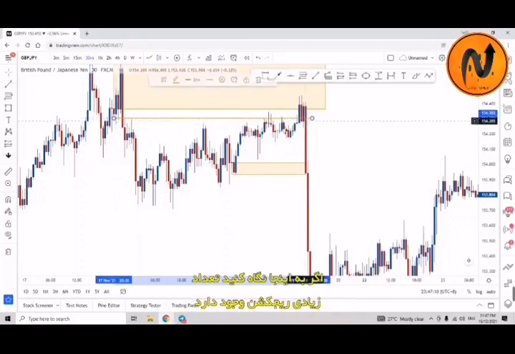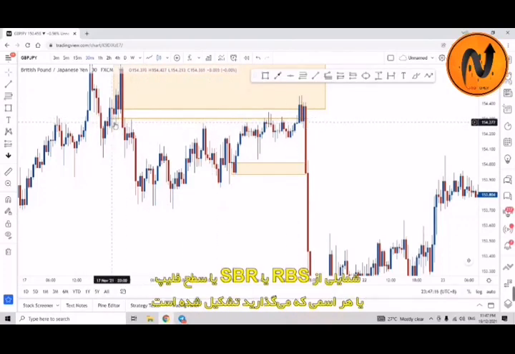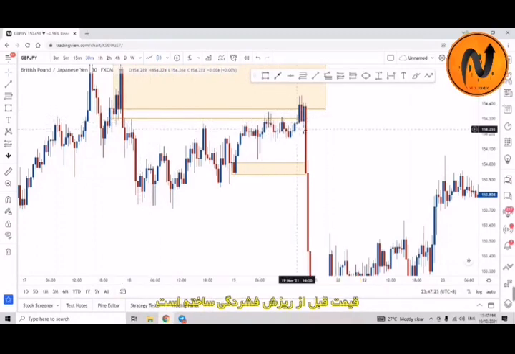You catch all those bonus. If you look at it over here, you see there's a lot of rejection. It creates an illusion of an SPR, RBS, SR flip, anything you can talk about. So the price went up, holding the compression before it goes down.